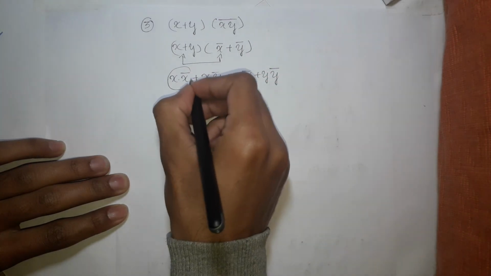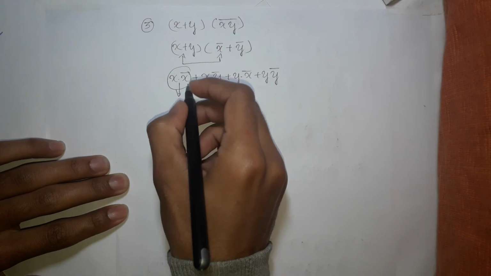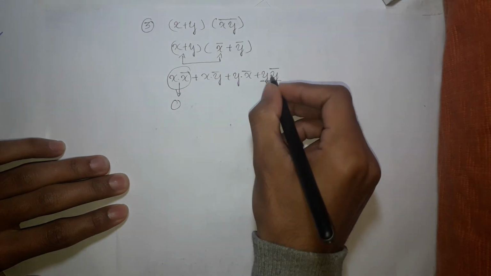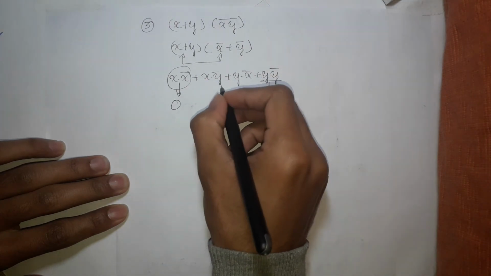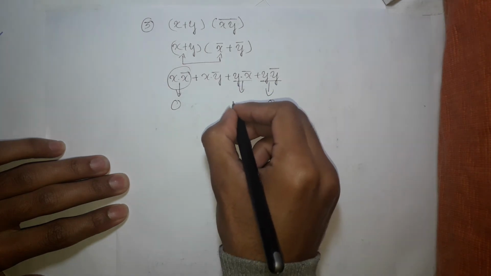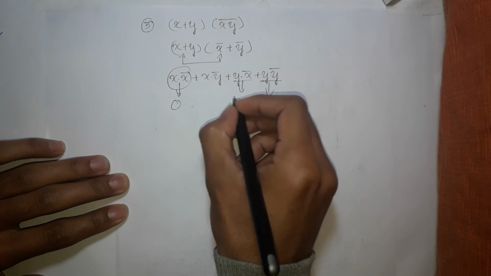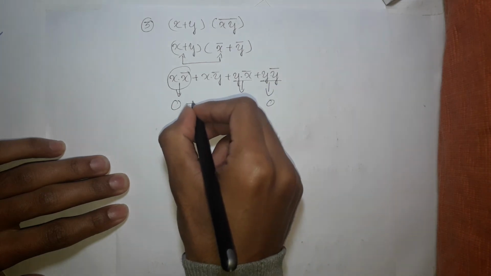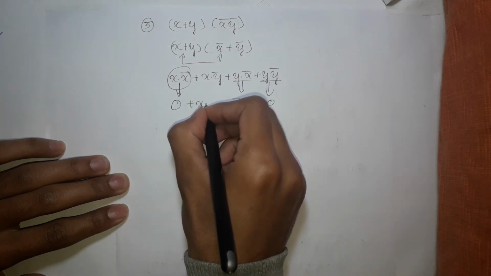Now we know there is nothing common between x and x bar, so this is 0. Similarly here it is 0, and applying the commutative property, it becomes x bar y, and the rest of the expression is rewritten as it is.